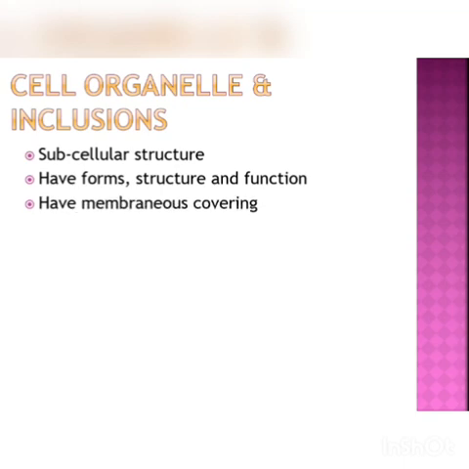And the next thing is that they have membranes present around each and every such cell organelle. It can be a single membrane structure, it can be a double membrane structure accordingly.